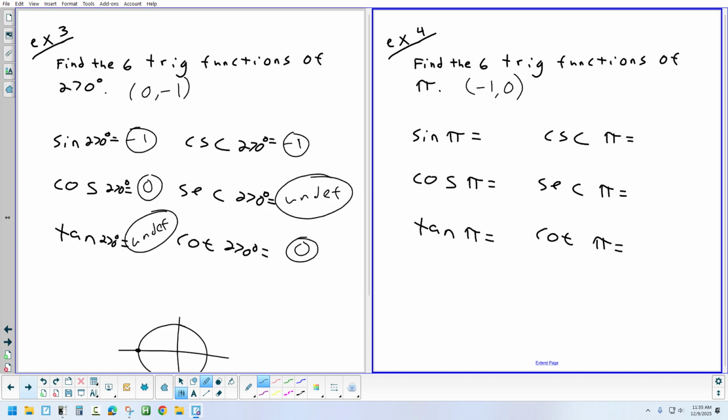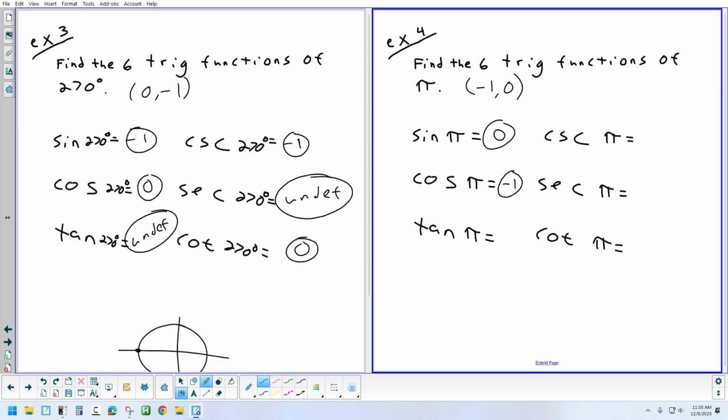So let's go through all the values. Sarah, what's the sine going to be? 0. Sine is 0. Kylie, how about the cosine? -1.